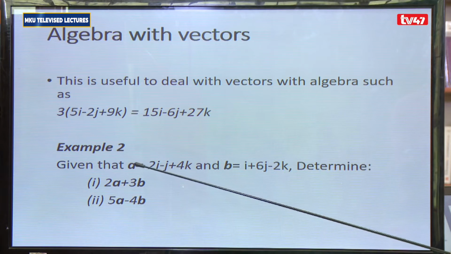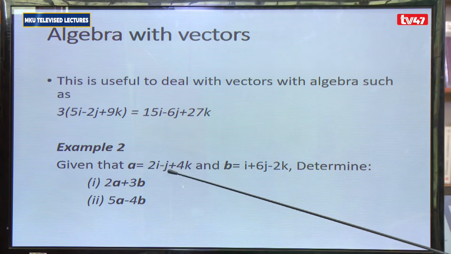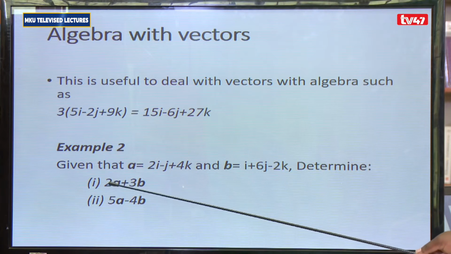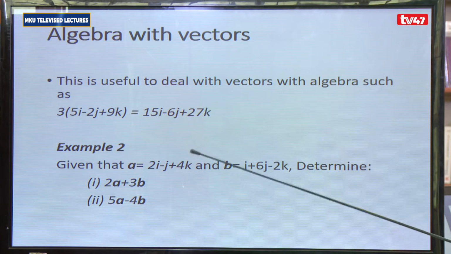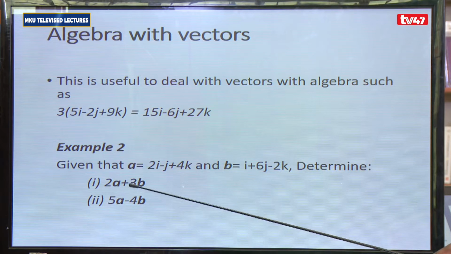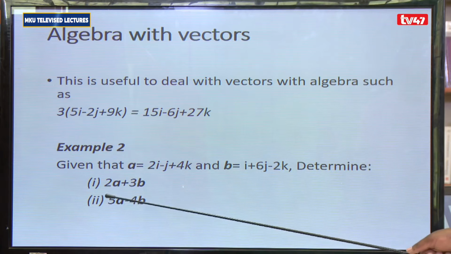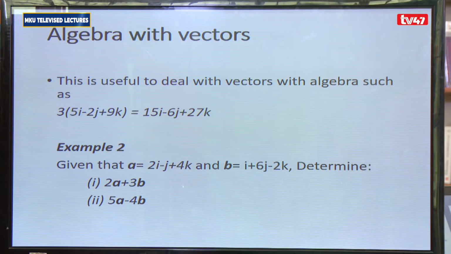So what this means is that you multiply the first vector a with scalar 2, and then the second vector b you multiply with a scalar 3, and then you get the sum of the two. So what are we going to have?